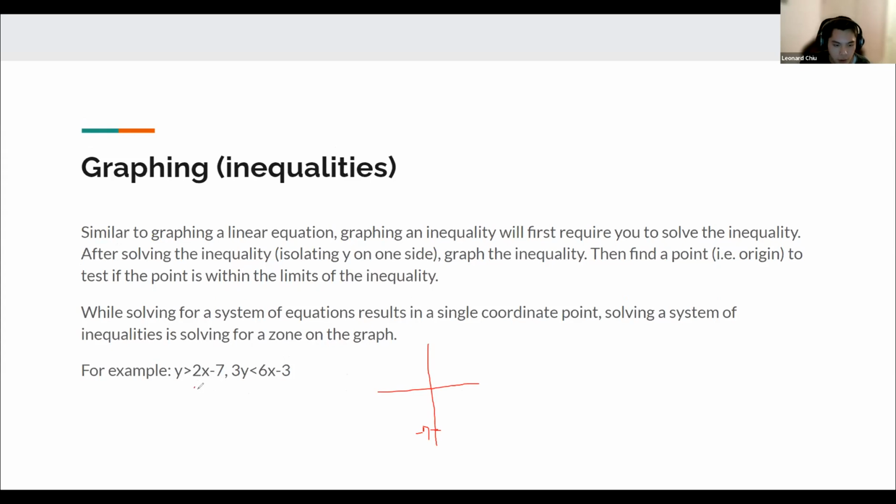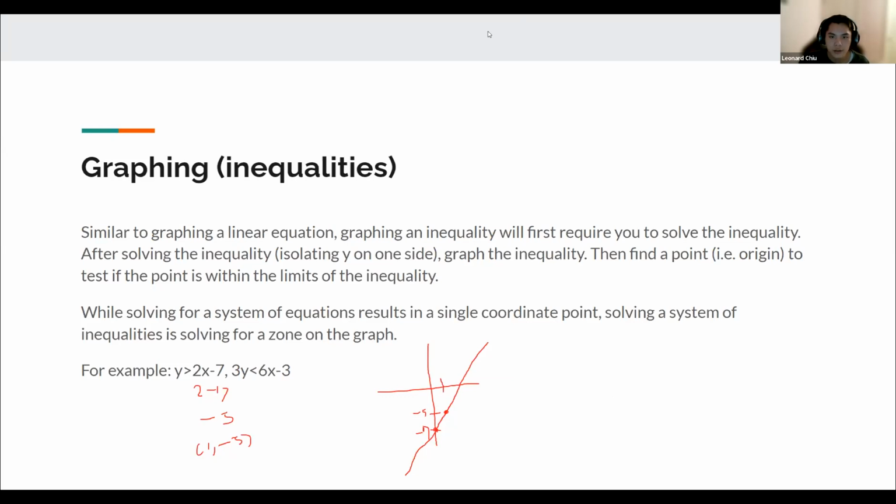So when we plug 1 inside, we get 2 minus 7, which is -5. So we know that 1, -5 is a point. Right here. So we know that this is a point and this is a point. Now we have 2 points, so we can connect it. Ignore that. All right, now let's do the second equation.